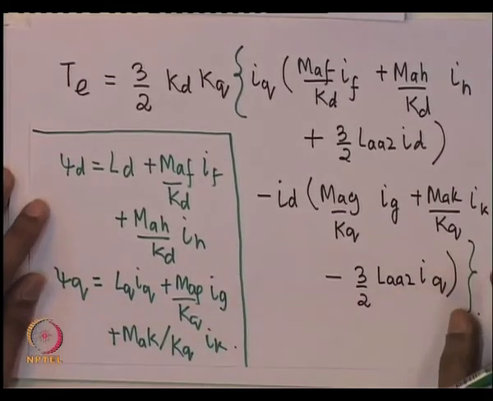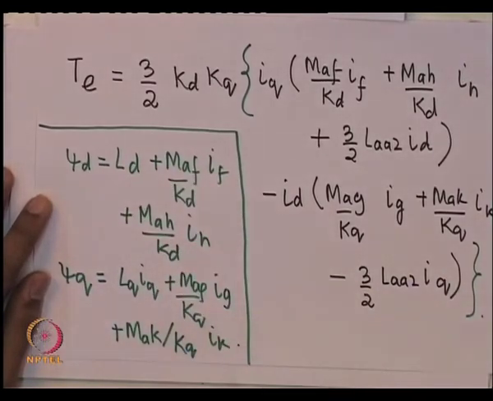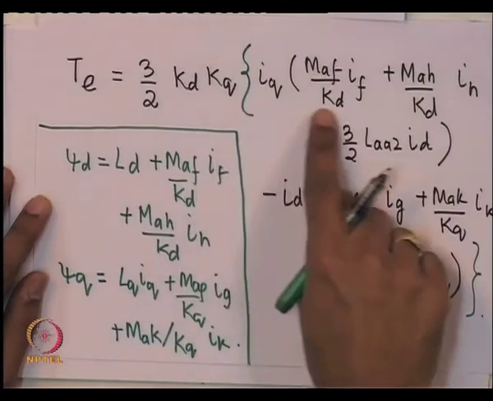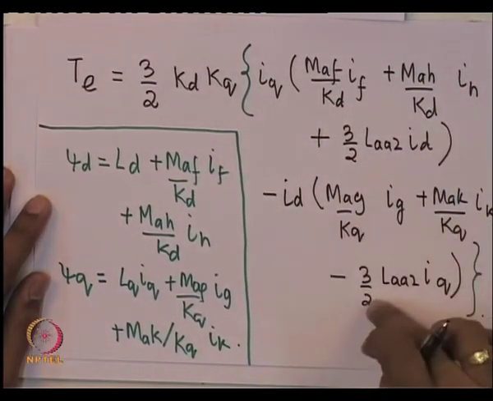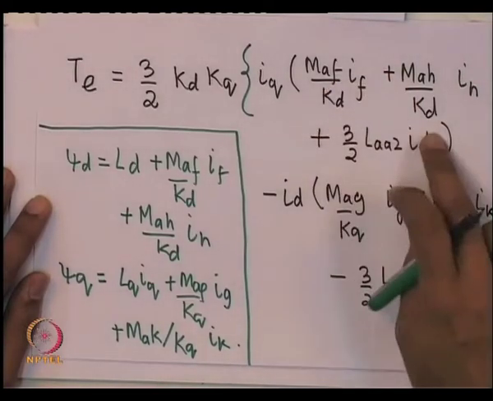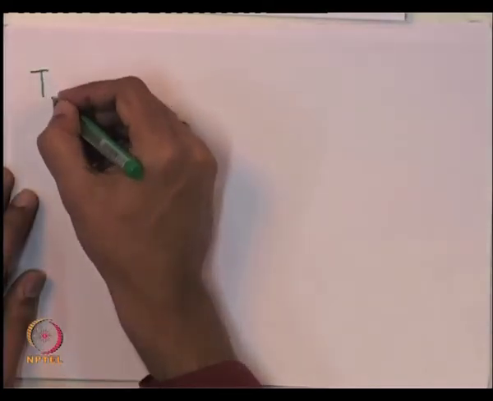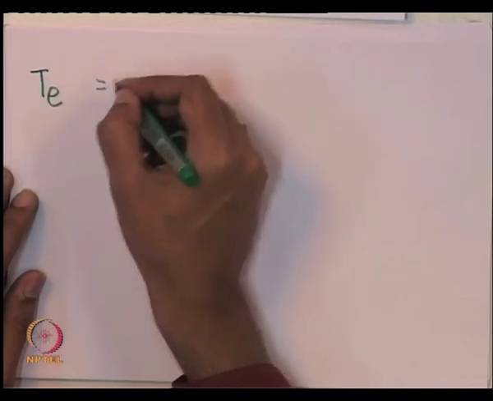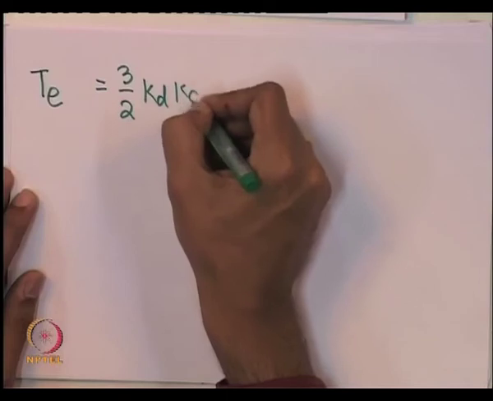So, what do we understand from this? If you look at these equations, look at this and you look at this. So, one can directly infer from this that TE is nothing but 3 by 2 times KD KQ.